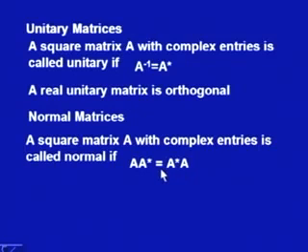The difference here is that if A A star is equal to A star A is equal to identity, then we can write down A inverse is equal to A star, but still the product may not be identity, but still these two products are equal, and then we say the matrix A is a normal matrix.